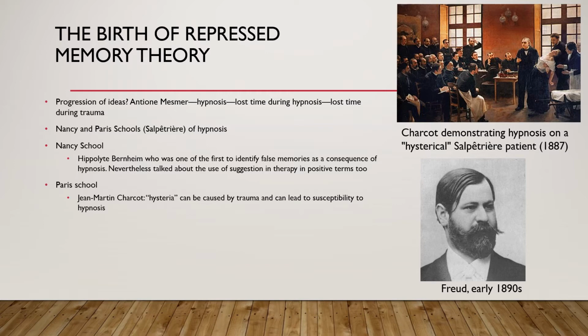Now, this is getting really close to being a precedent of Freud's theory, if you think about it carefully. So trauma causes hysteria, and then you ask yourself, what is hysteria? Well, it's a culture-bound idea, right? It's very specific to the time, and you might even consider it a sexist idea. But the idea was that it leads to susceptibility to hypnosis. And then you ask yourself, well, what does hypnosis involve? Well, it involves a loss of time, right? Or a loss of memory.